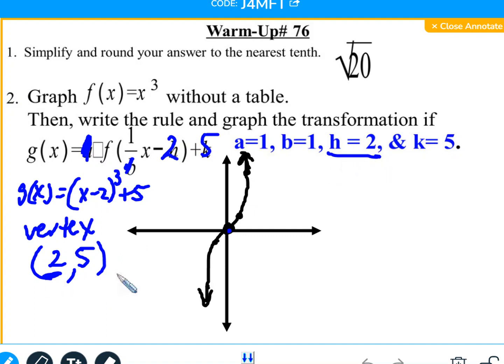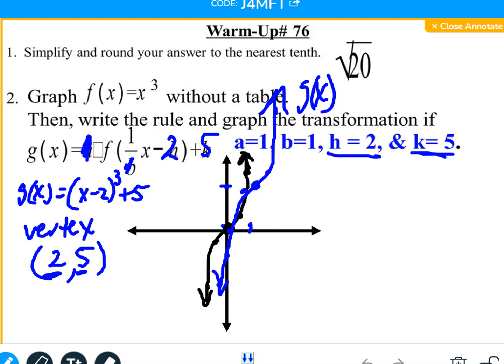There it is. And the y value now is the k. So 2, 5 is somewhere up here. So my new vertex, which is this one, is going to move up here, which means I have a point there, there, and then another one down here, and another one up here. So it moves the whole thing something like that. That's my g of x.